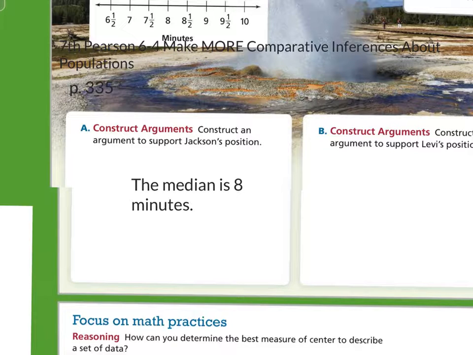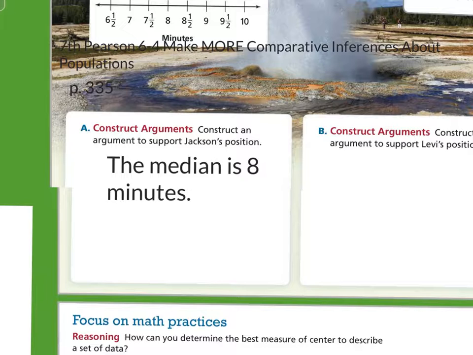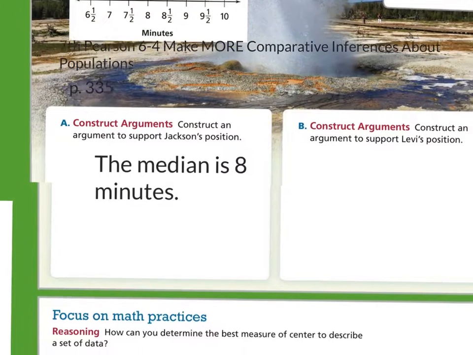Okay? So if he estimates that to be an average, that's what he's basing it off of, maybe as the median. Okay?